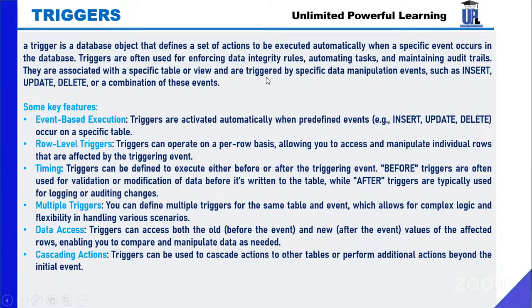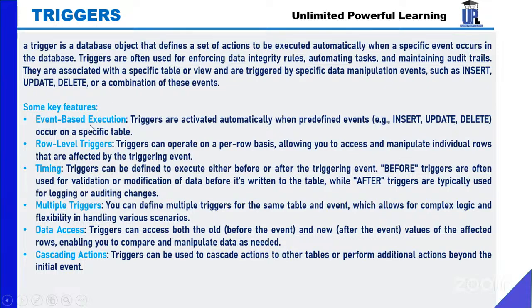It is a set of actionable operations, which we call a trigger, and it occurs only when one specific event occurs. What are the key features? Event-based triggers are activated only when predefined events occur, like an insert, update, or delete on a specific table.